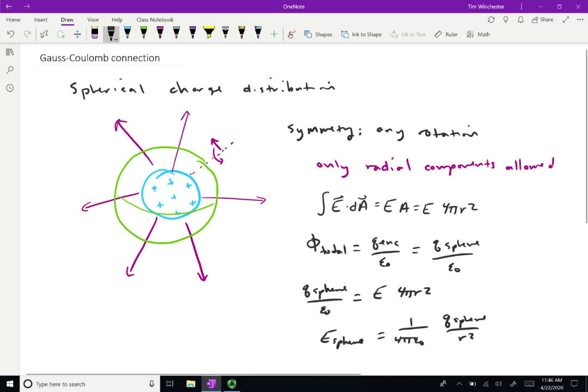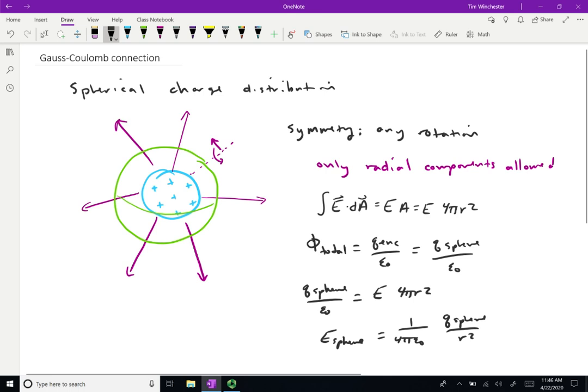Which should look familiar. That's exactly the same thing that we had from Coulomb's law. So we can actually derive Coulomb's law from Gauss's law. This is one reason why Gauss's law is considered to be the more fundamental of the two equations.